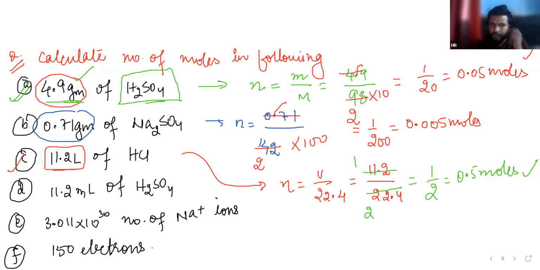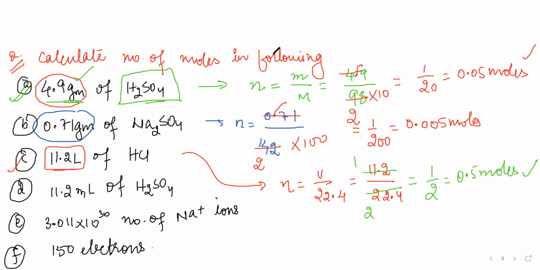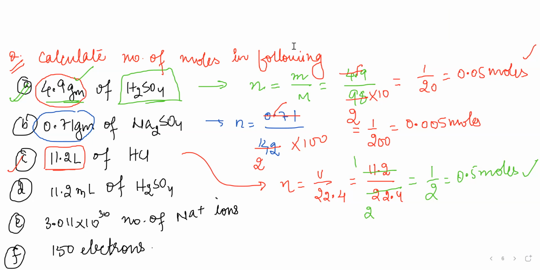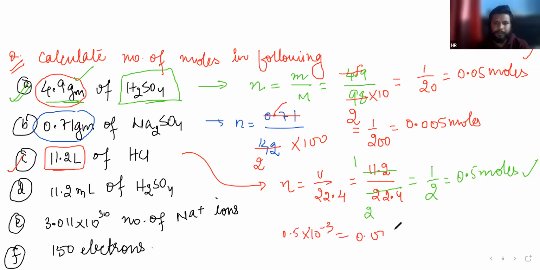Krishna, what is the answer of D? So I have got 0.5 into 10 raised to the power negative 3. Okay, minus 3. Yes, sir. That means 0.0005. Okay, Krishna, will it be equal?